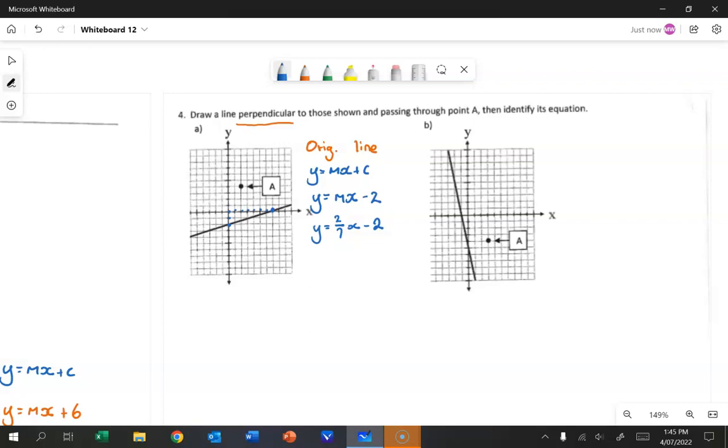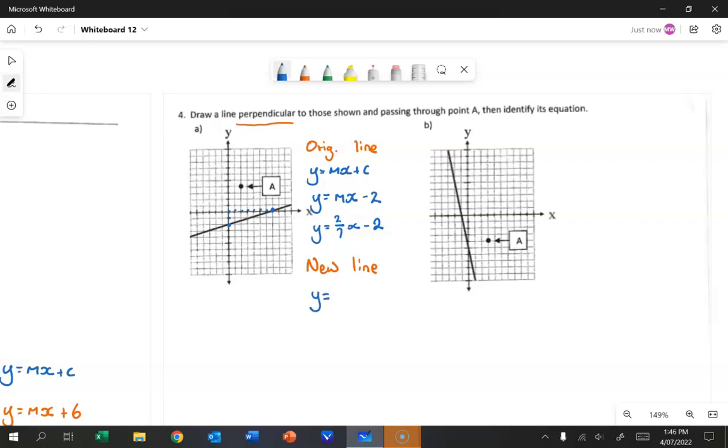Now, what I want to do for the second one is my new line, quite similarly to when I was doing parallel lines, I'm going to start to generate my formula. It'll follow the rules y equals mx plus c, but we know what the gradient will be.